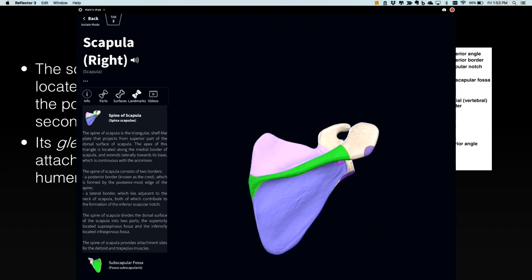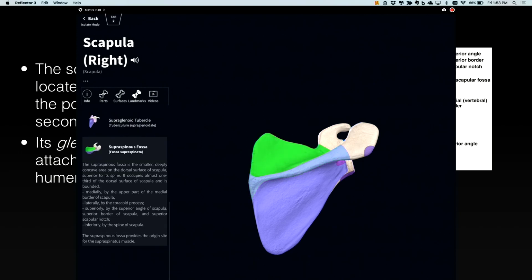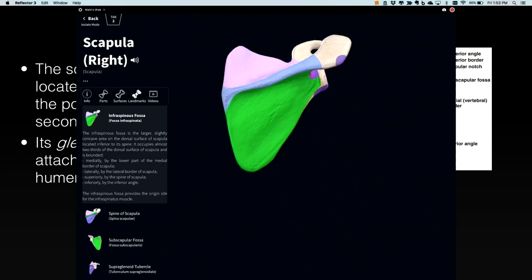The areas that it separates are important to know as well. And they're long names, but the names make a lot of sense. Supraspinous fossa. Remember, a fossa is a small depression. Supra, above, superior to. Spinous, the spine. Infraspinous fossa on the bottom.